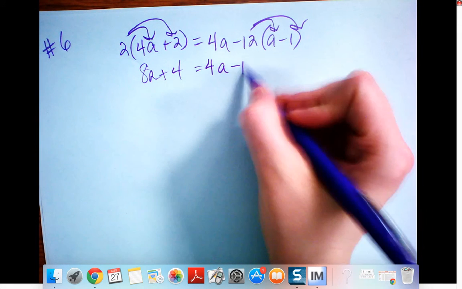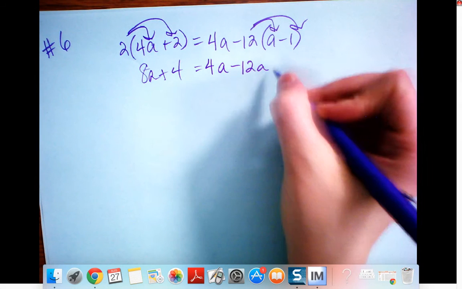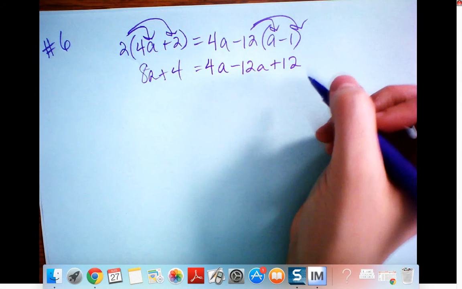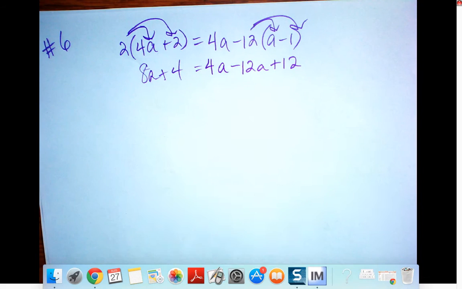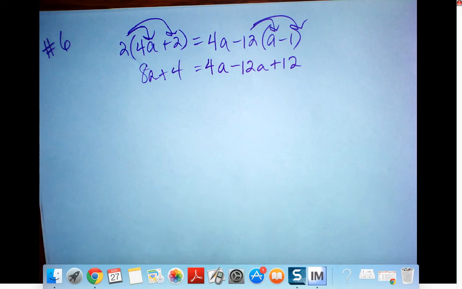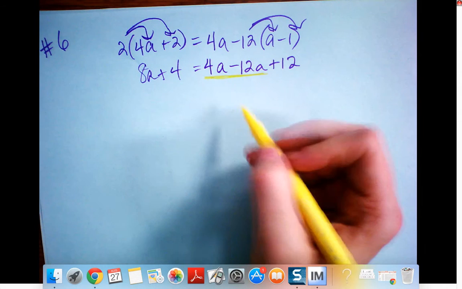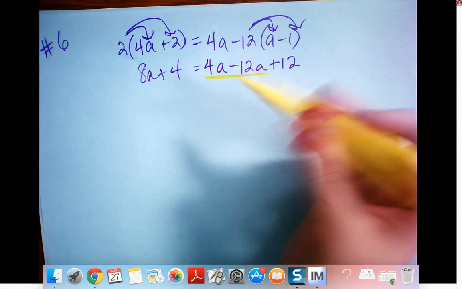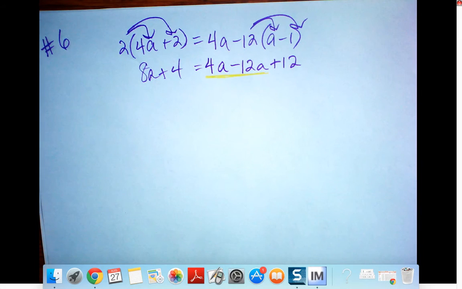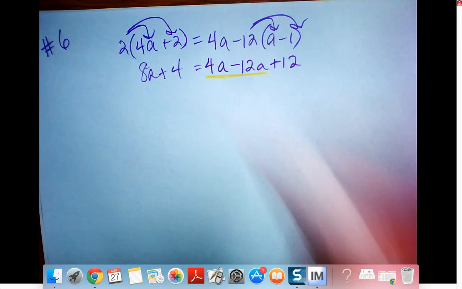minus 12a plus 12. Now if you notice, we have like terms on the same side. Here is our equal sign, and I've done this before.